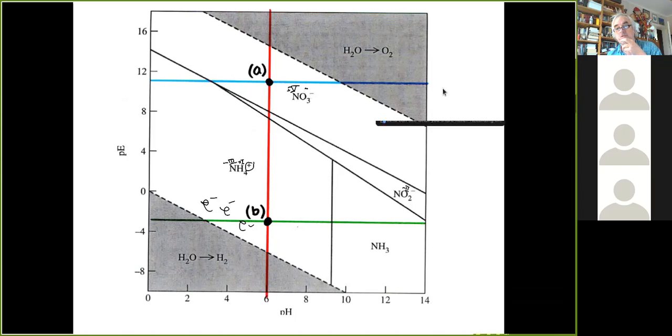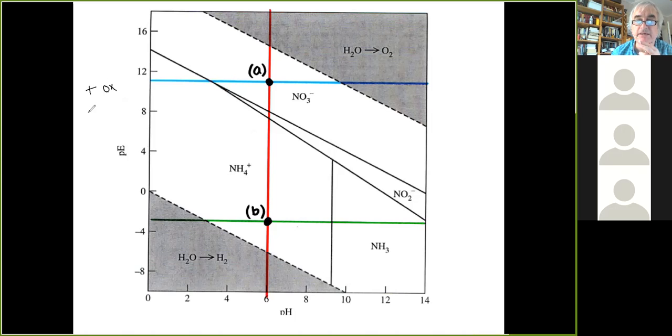I always forget: is positive more oxidized or more reduced? Positive is oxidized, because it's a lack of electrons, and negative is more reduced when it comes to atomic species. Right, great, thank you. You're welcome.